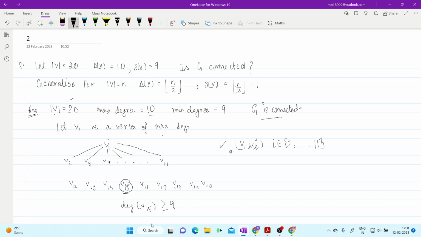Yes, very good. So what he is saying is that since degree of V15 is greater than or equal to 9, and in this set you see these are 9 vertices, there is at least one vertex from V2 to V11 which is connected to V15.